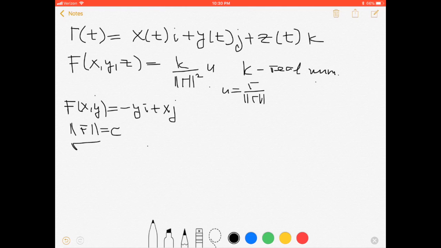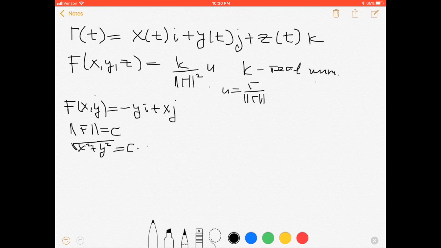It means the square root of x squared plus y squared equals c, so x squared plus y squared equals c squared.